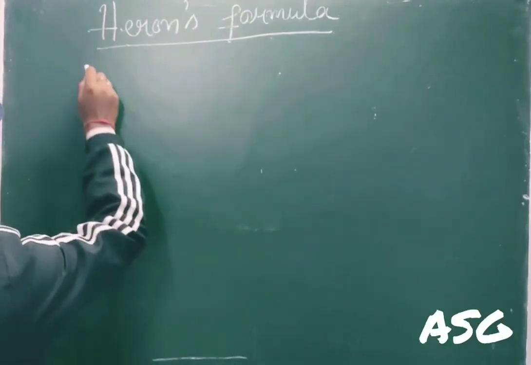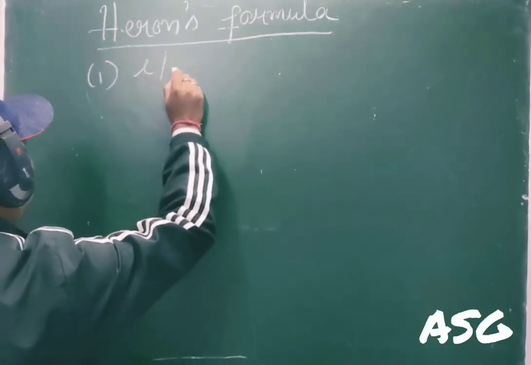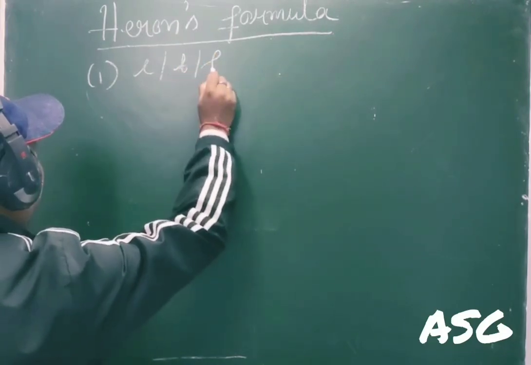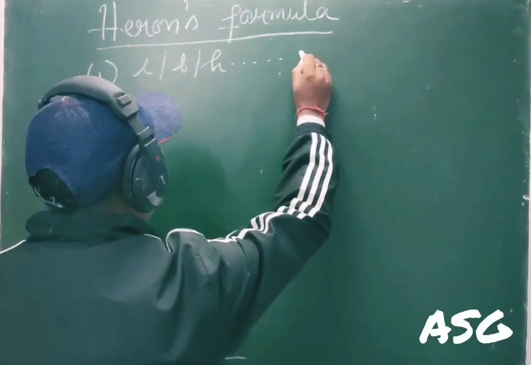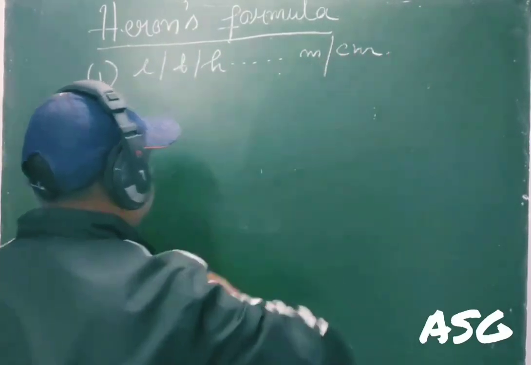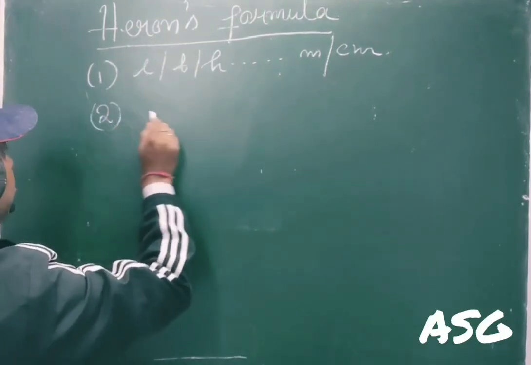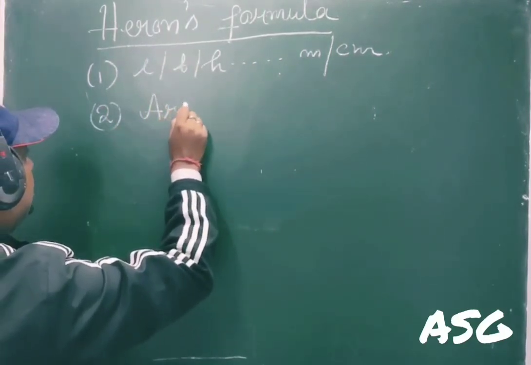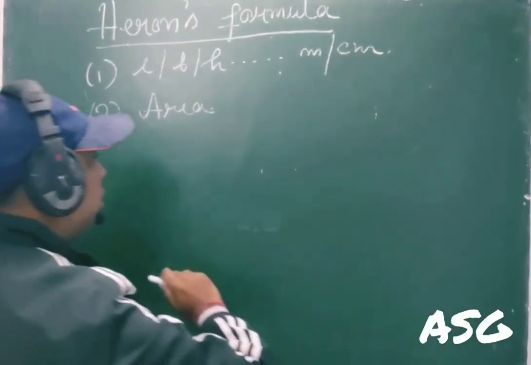First thing we need to understand is that when we talk about length, breadth, height, etc., the unit is either meter or centimeter. When it comes to area, it is a multiple of two things.